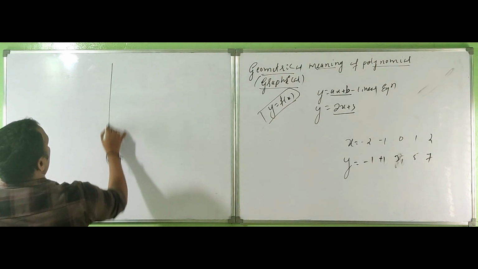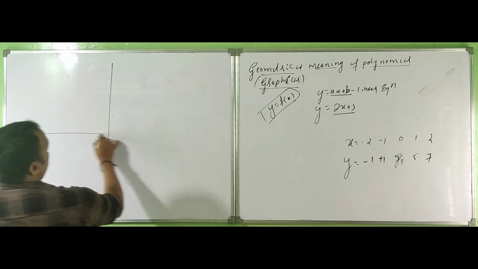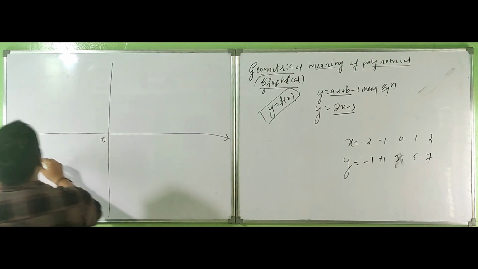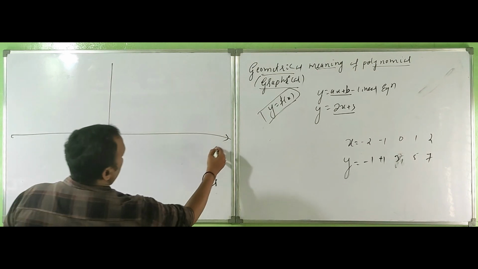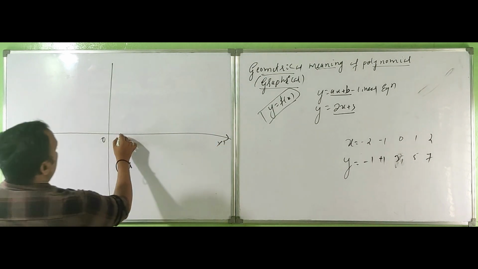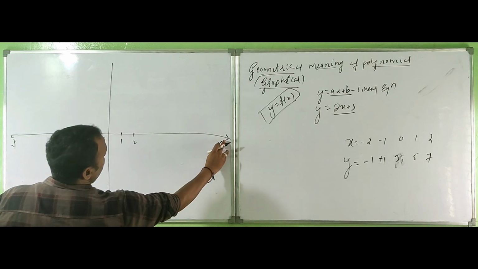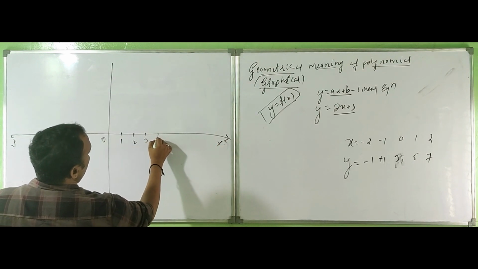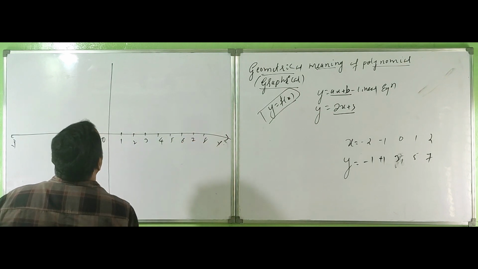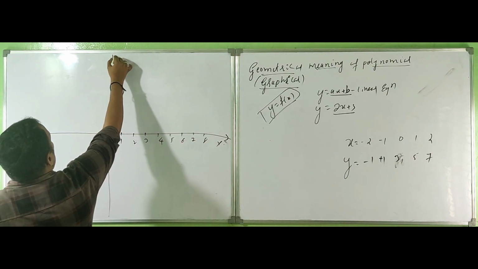Plot the graph. This is the 0, this is the x axis, x dash. These are the positive values, 3, 4, 5, 6, 7, 8, and these are again the y axis.